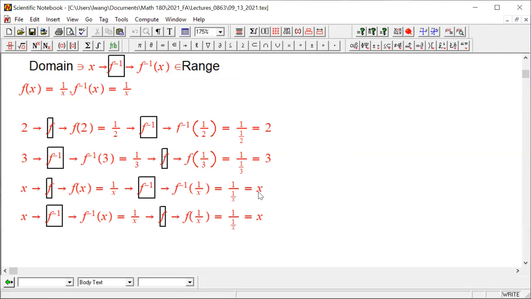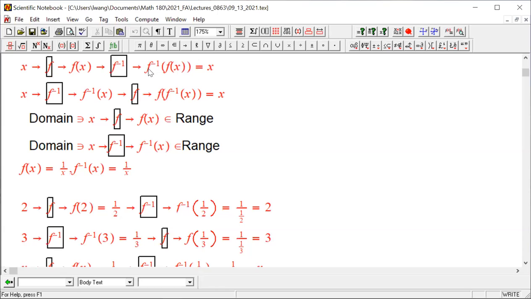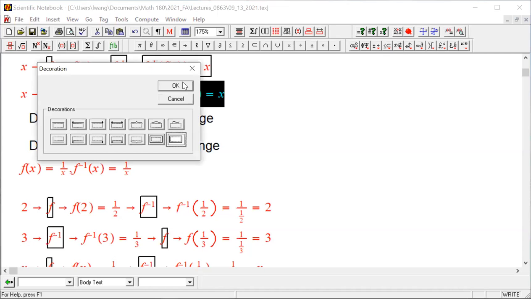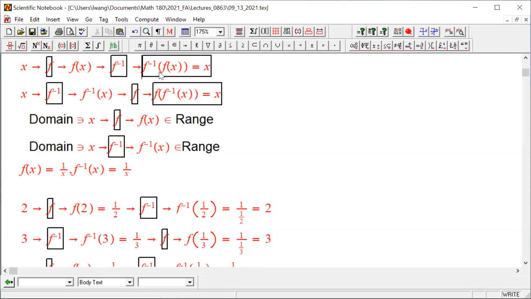So to summarize this property, these two properties. Now, the question you may ask: you see this x and this x, we use the same symbol. How do I know which one is from where?